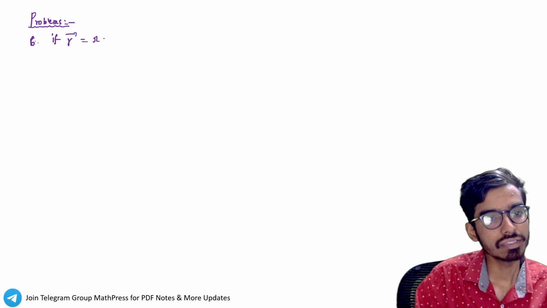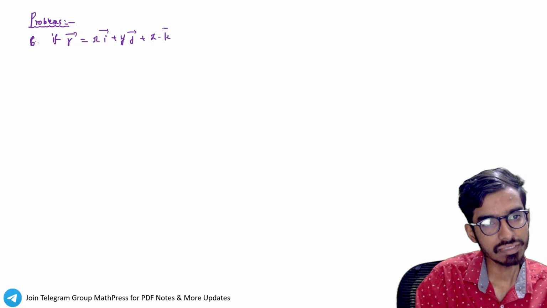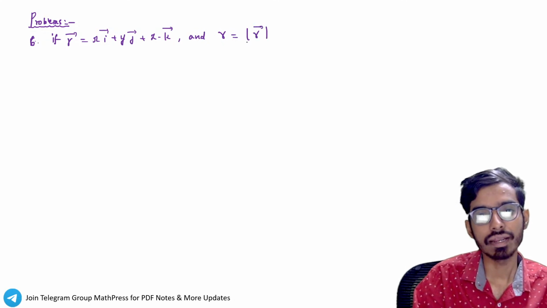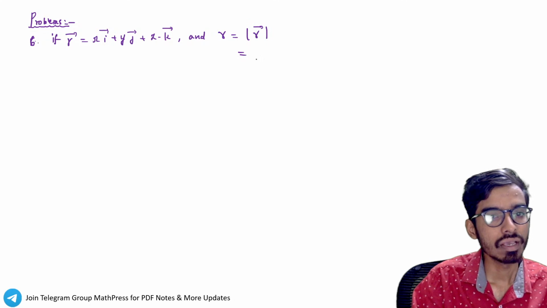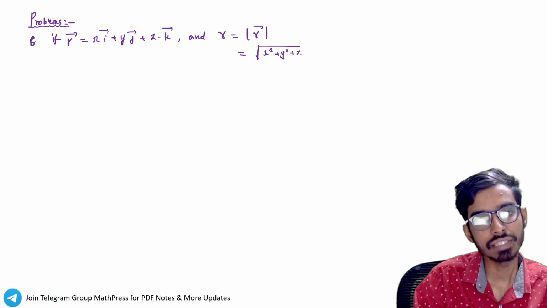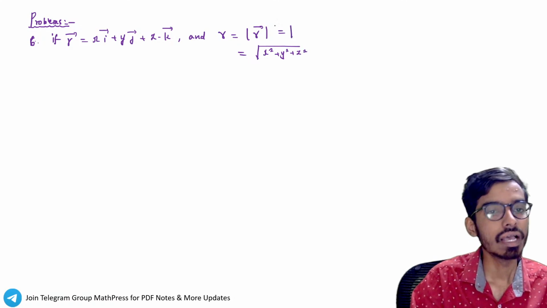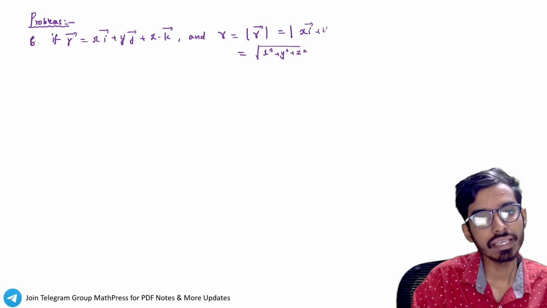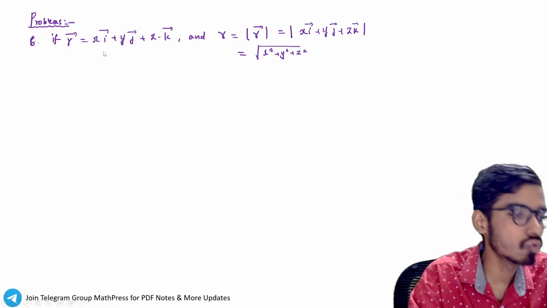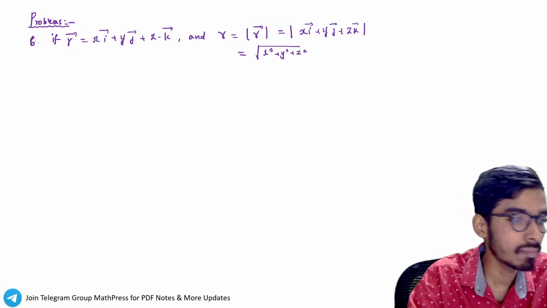r vector is equal to x i vector plus y j vector plus z k vector, and let us define small r to be the modulus of r vector. What is the modulus of r vector? It is nothing but the square root of x square plus y square plus z square, because r vector is xi plus yj plus zk, and when you take the modulus we get root of x square plus y square plus z square.